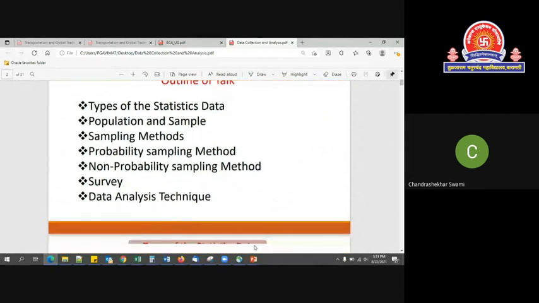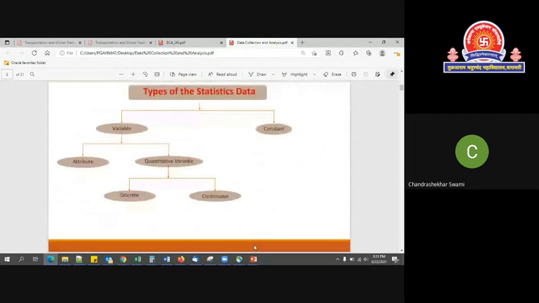Moving towards the types of data, basically there are two types of data. One is primary data and another is secondary data. Primary data means data which is collected by the researcher for their own purpose, and they analyze that data on the basis of their objectives.